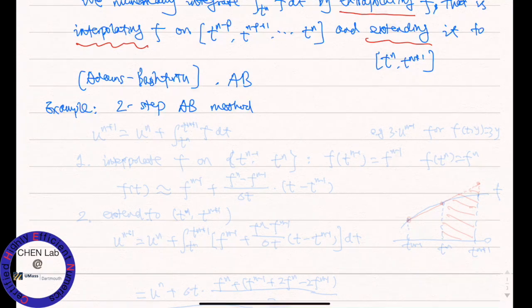So what does that mean? That means we need to compute u_{n+1}. We know that's u_n plus the integral from t_n to t_{n+1} of f dt, right? So for two-step, we go back to t_{n-1}, and we interpolate f on t_{n-1}, t_n.